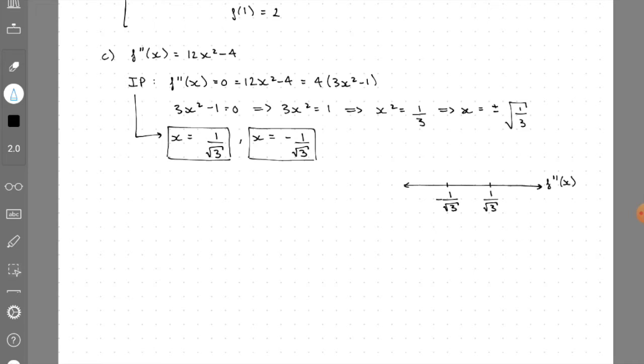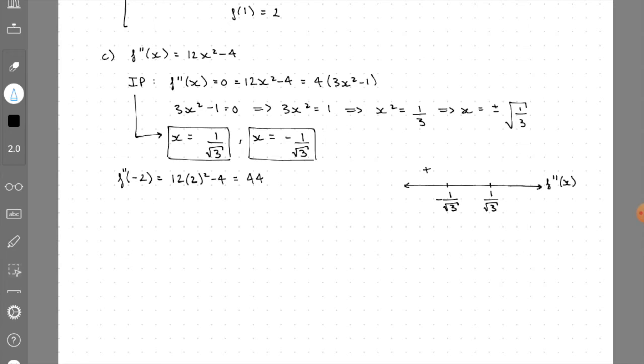So we're going to pick a number that's less than negative 1 over square root of 3. Let's say like negative 2, for example. We're going to plug this into our f double prime, right? And unfortunately I haven't calculated this beforehand, so let me do that really quick. That's going to be equal to 44, which is a positive number.